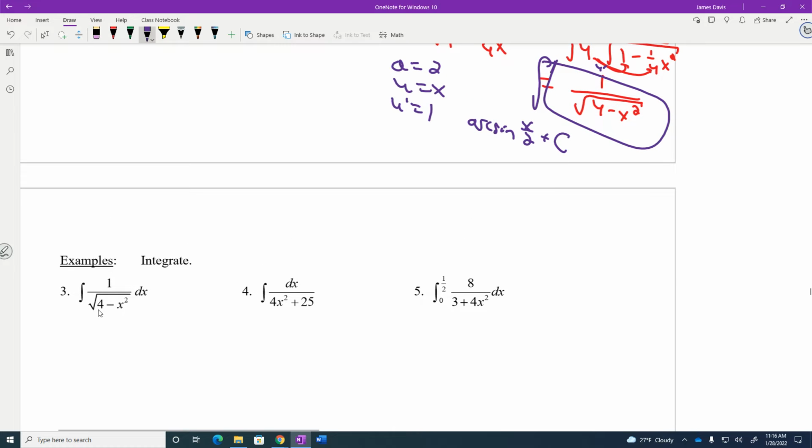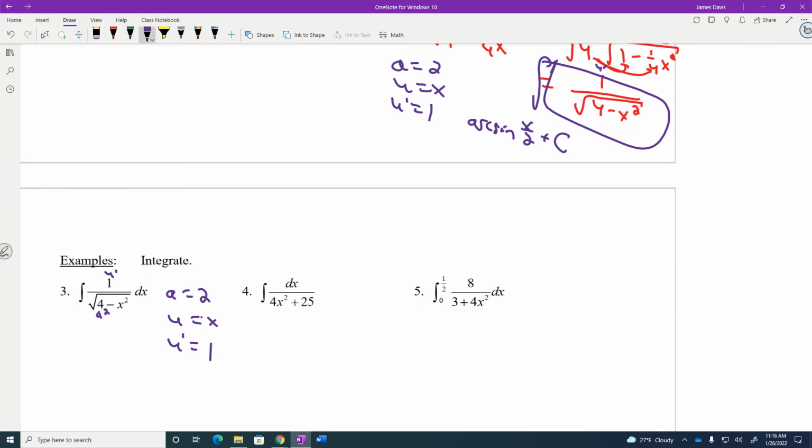What we want to do is identify the a. So a here is going to be 2. u is going to be x. And then I'm going to go ahead and write u prime as well. If u is x, u prime would be 1. So we basically want to make sure we got everything in the right spot. So this is u prime, right?